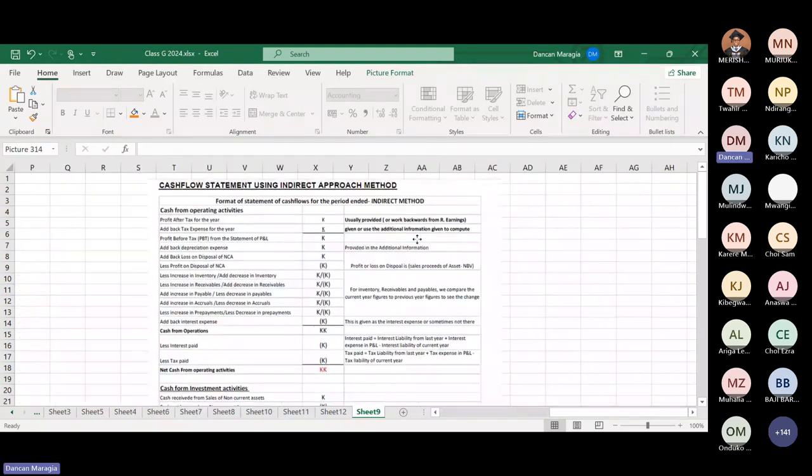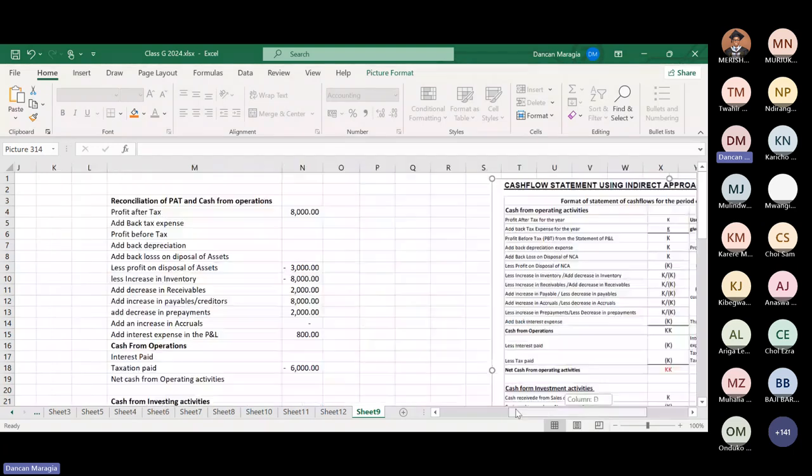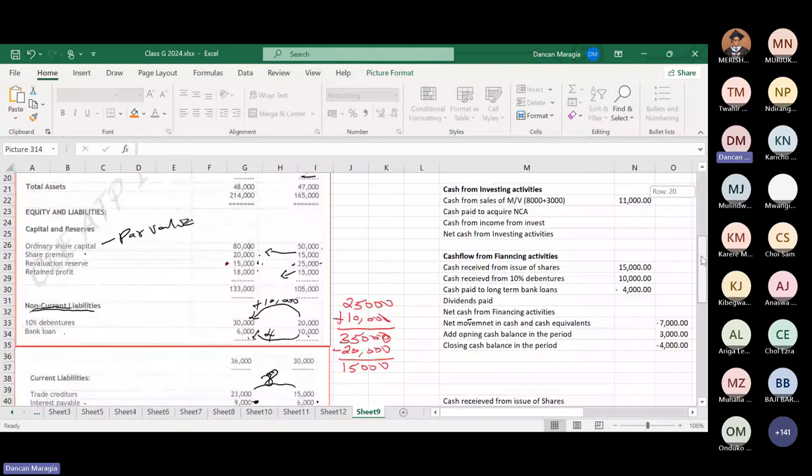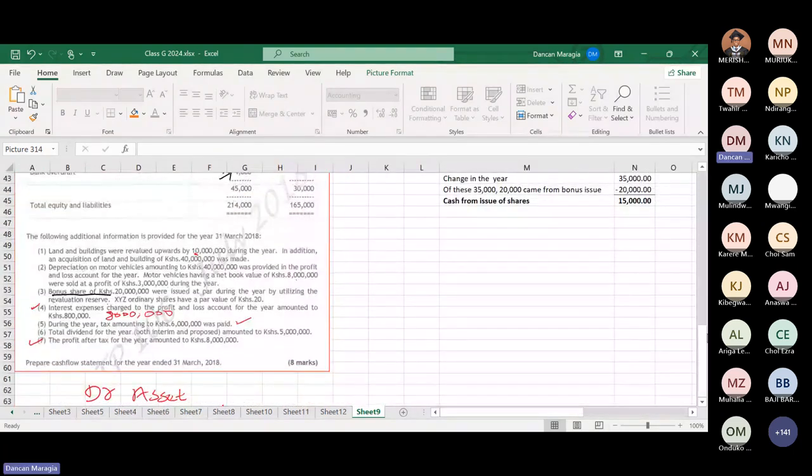There are figures we want to calculate here. Tax expense: given, or use additional information given to compute. We are not given the tax expense directly. We are only told tax paid of 6 million.